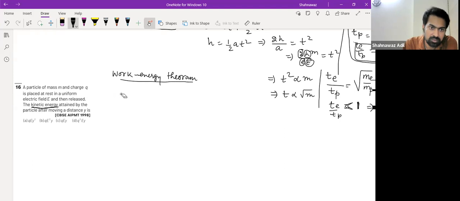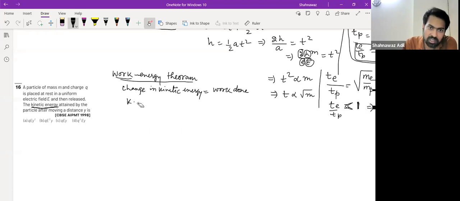Change in kinetic energy is what? So then, the initial kinetic energy was how much?